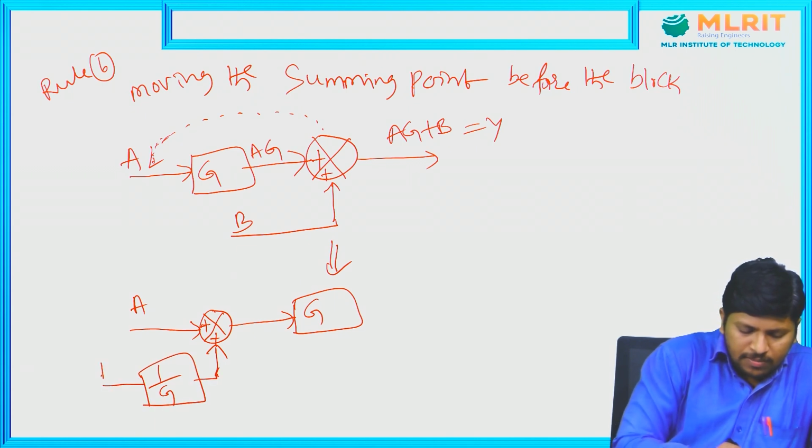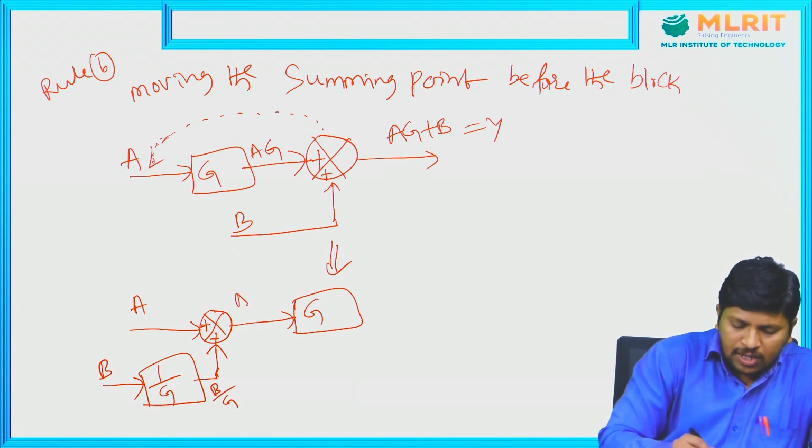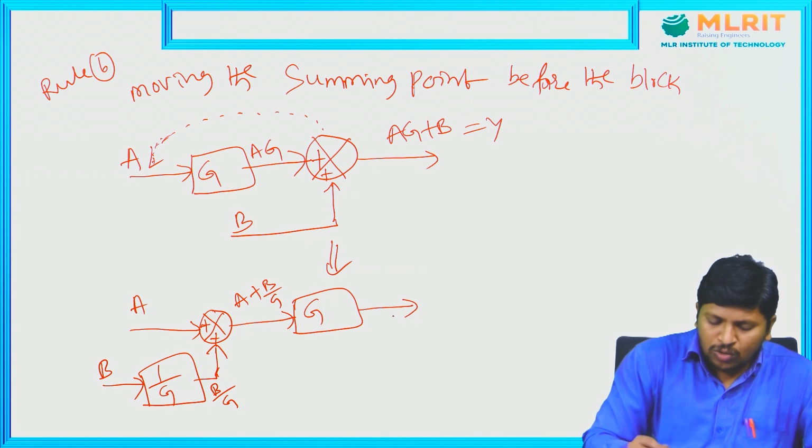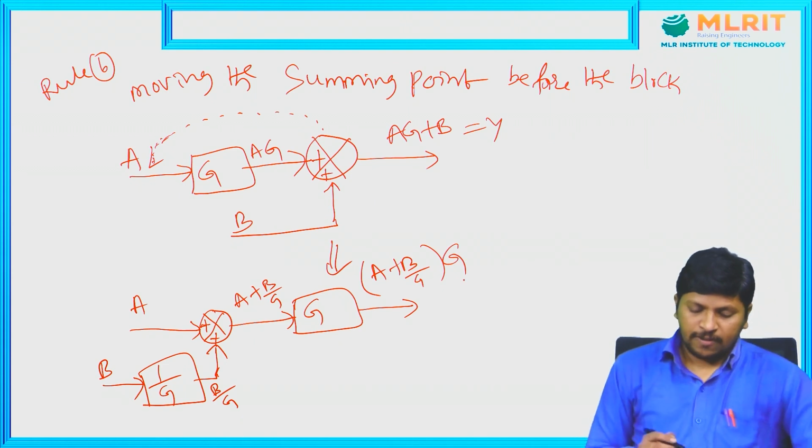Here B is the signal. So what is the output here? B divided by G. A plus B divided by G. Here the A signal is added with B divided by G. What is the output here? A plus B divided by G, into G, right?